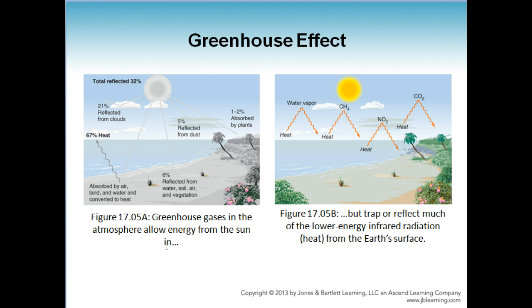When that radiation hits the surface of the Earth, it's reflected back as lower intensity energy, or longer wave radiation, called infrared energy, which we know as heat. As the heat rises off the surface of the planet, it runs into some gases that reflect it back toward the Earth and keep the atmosphere warm. Without these gases, all of that heat would be lost into space.